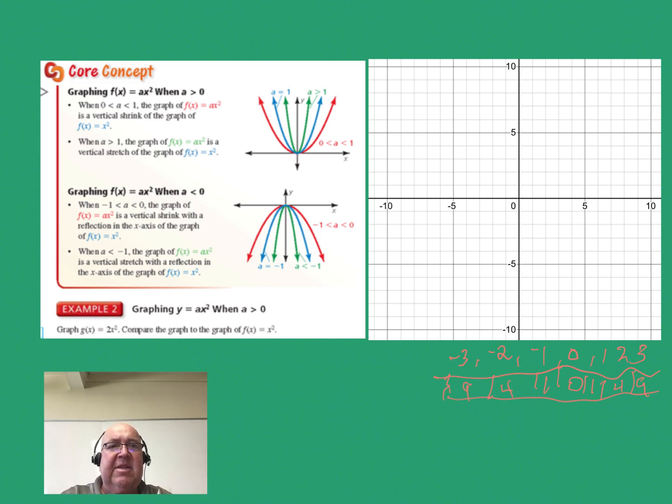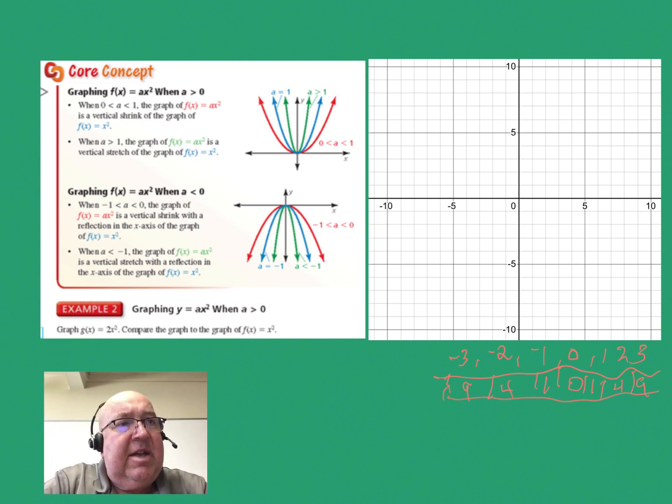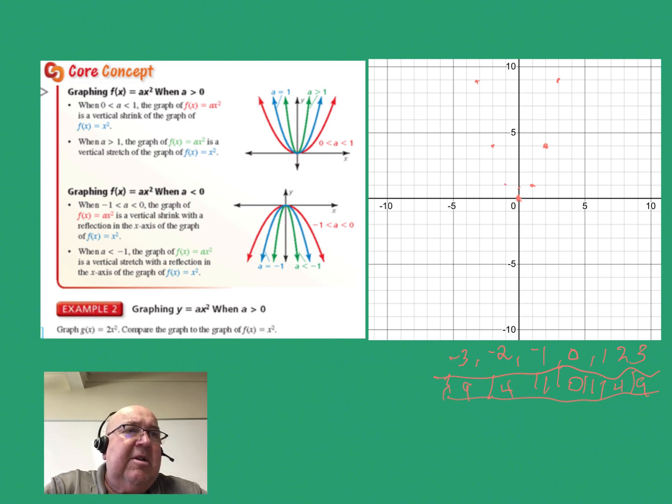So you see the symmetry there. As I graph that, vertex is always going to be 0, 0 unless there's some number afterwards. And we go 1, 1, 2, 4, 3, 9. We do the same symmetrically on the other side: negative 3, 9, negative 2, 4, negative 1, 1. And our graph would be connected, but I'm not going to try to draw that because I can't do that.